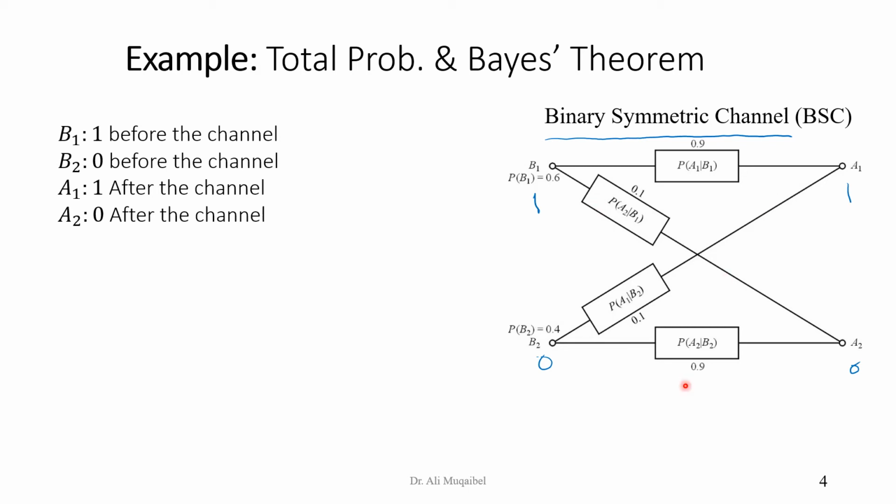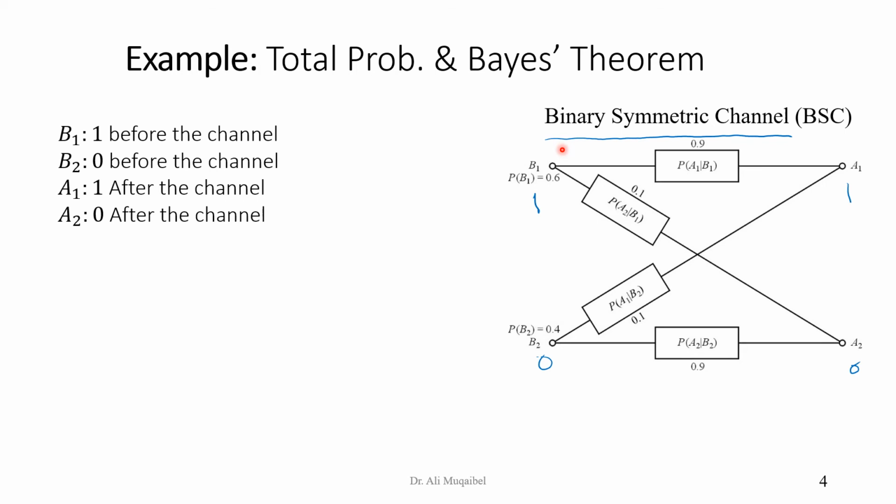If we had here 0.8, for example, and this is automatically going to be 0.2, then it's not going to be symmetric because the upper branch is different than the lower branch. So this is the basic idea. I have defined the events here on the side. So the events are defined here: B1, B2 through A1, A2.